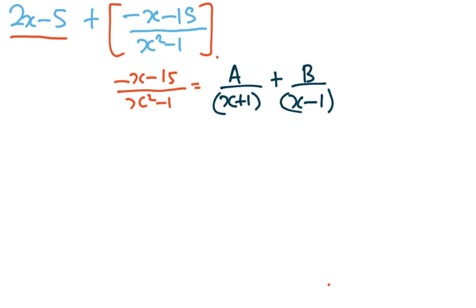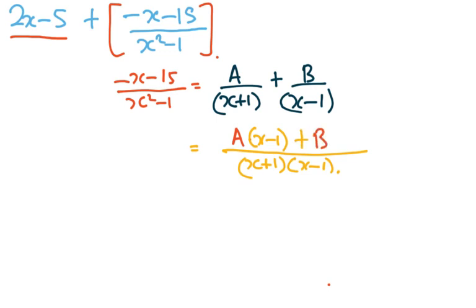I'm going to make the denominator the same, so x plus 1 times x minus 1. Here I multiply a by x minus 1, plus b times x plus 1, and on the left negative x minus 15 over x squared minus 1.